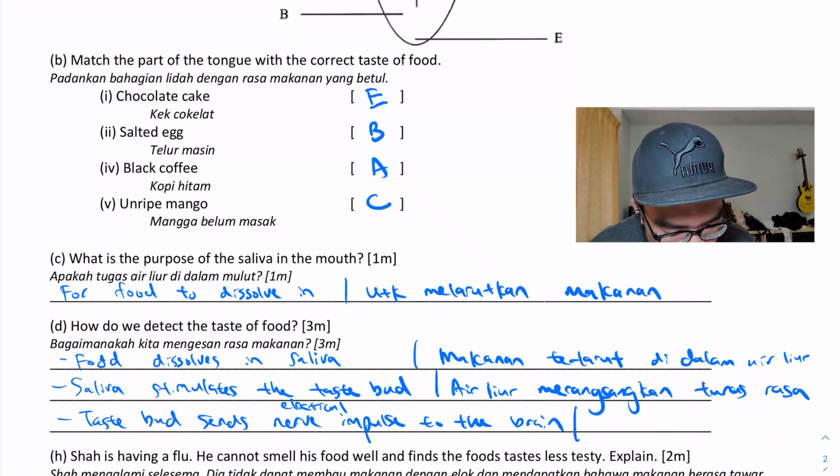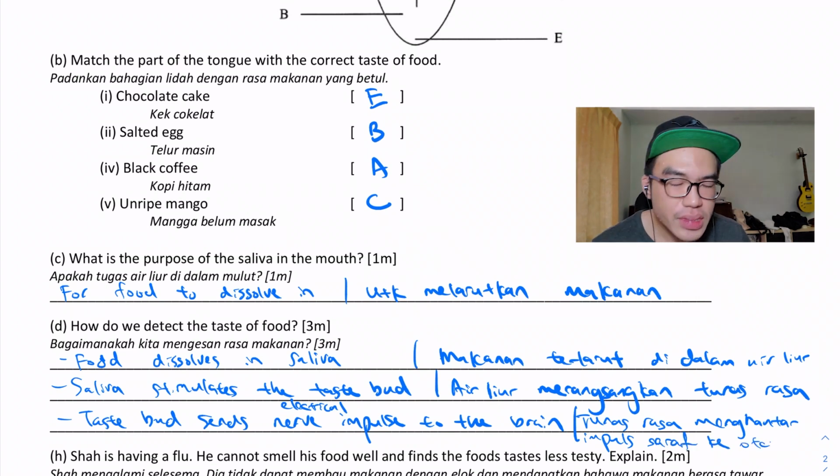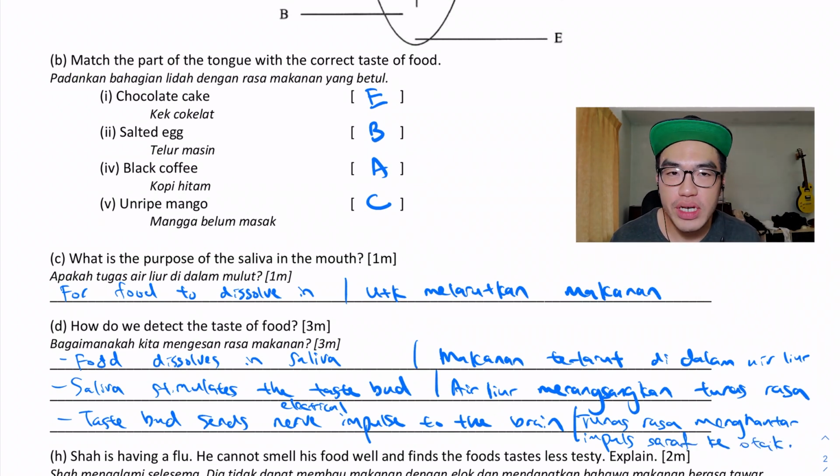The last point, tunas rasa menghantar impuls saraf ke otak. One more point I wish to point out here, tunas rasa or taste bud would be the key word in questions like this. If you don't mention tunas rasa or taste bud, your answer would be wrong.